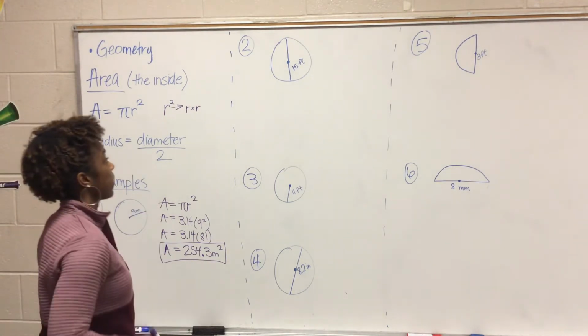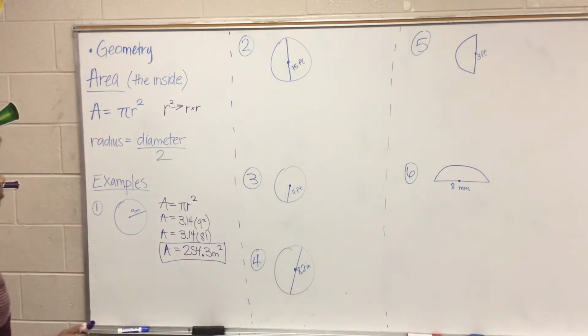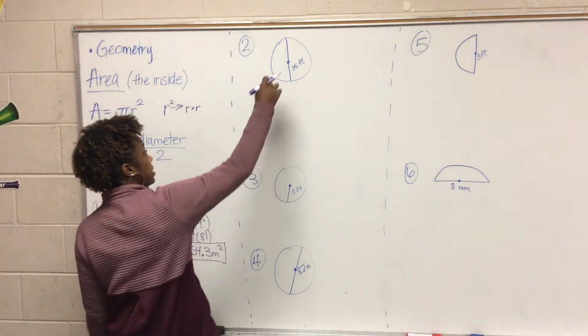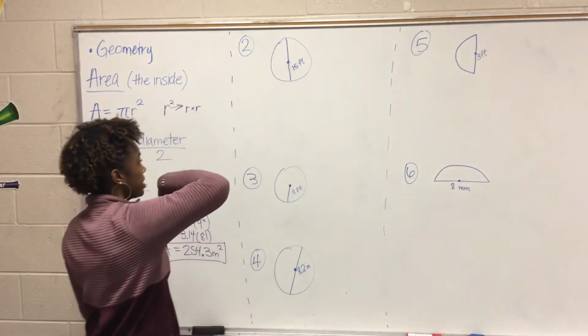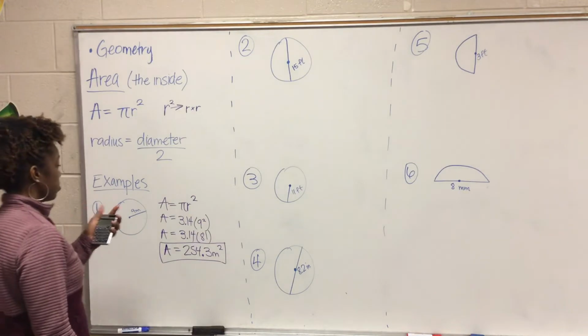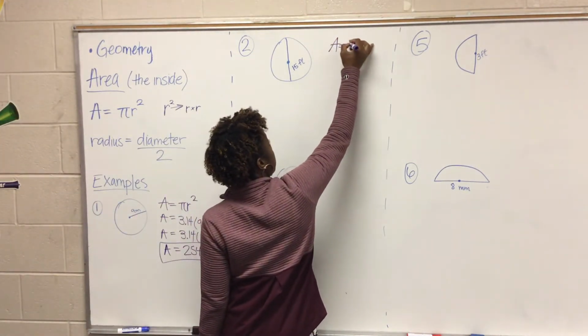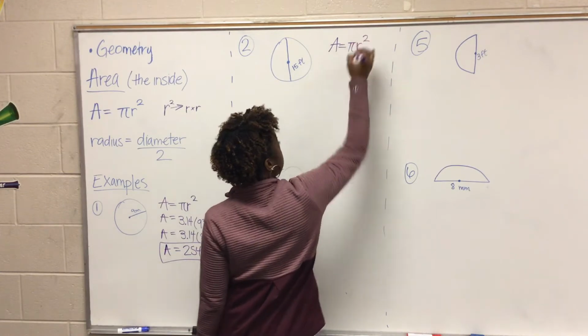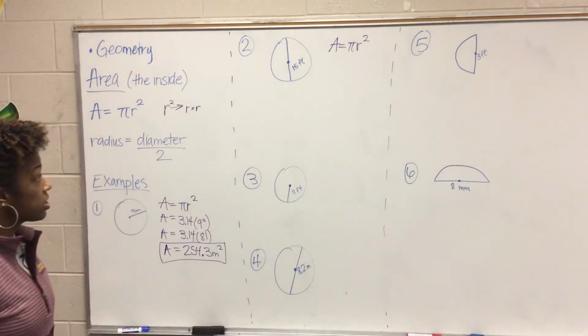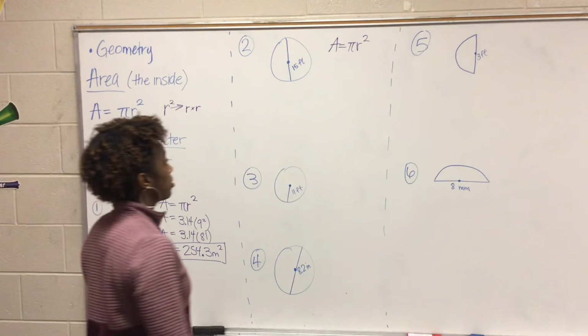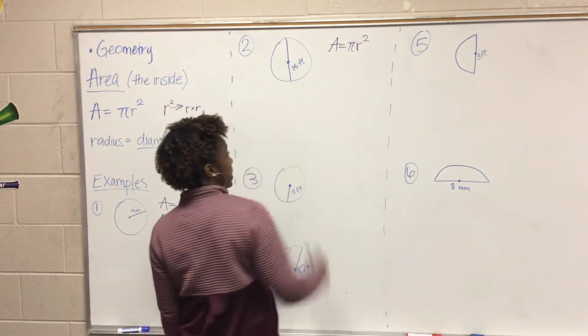Number 2, we have a diameter, because it goes through the entire circle, of 15 feet. The first thing we need to do is write down our formula: A equals pi r squared. There is something in here that we do not know. We do not know what the radius is.